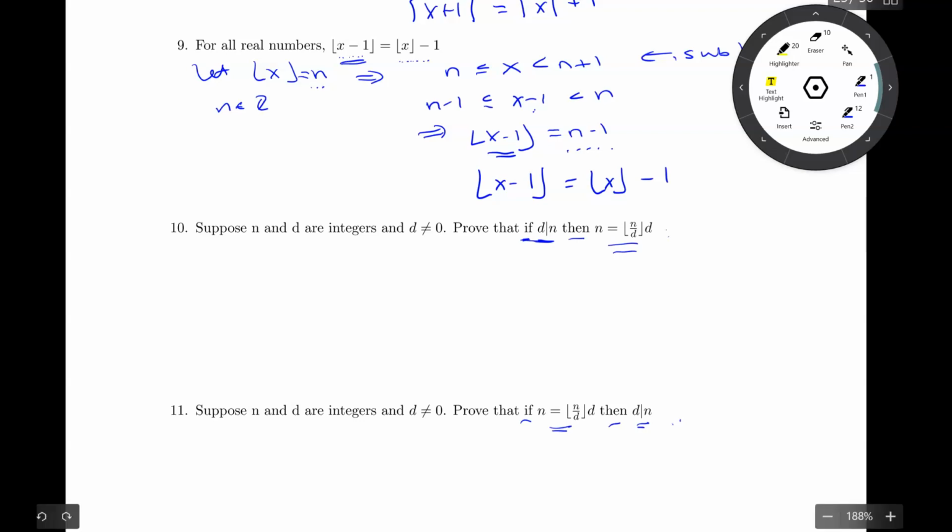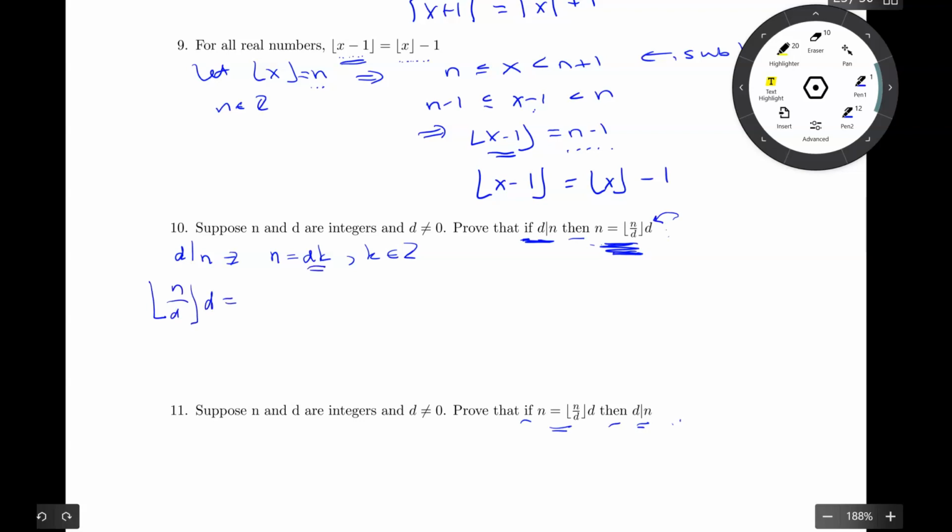All right, so if d divides n, what does that mean? That means n is equal to dk, where k is an integer, right? Okay, so let's look at this. So now I'm going to find out that this is true. So I'm going to start with this side, and I'm going to start by writing that down.